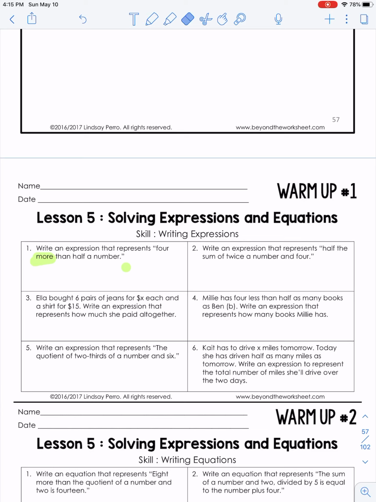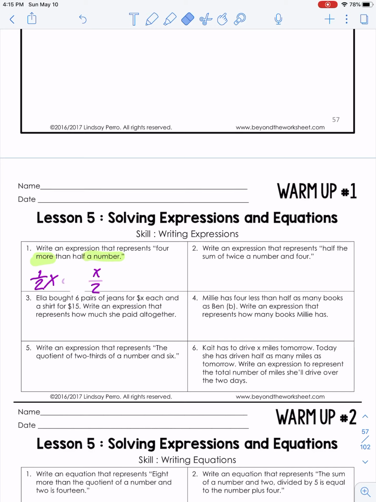So remember, a number means our variable. So that's where our variable is going to go. And half could be written in a couple different ways. So we could write 1/2 x, or we could write x divided by 2. Both of them mean half of a number.